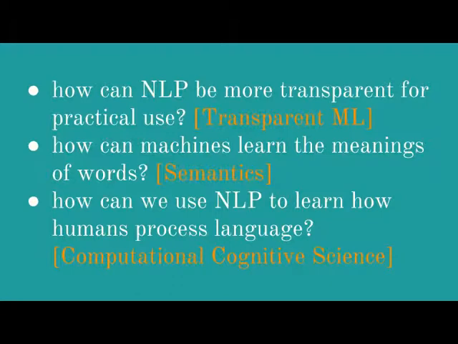Then the very big question: how can machines learn the meanings of words? This will be about semantics. And then a quite small stub to look briefly at how we can use NLP to learn how humans process language, which will be computational cognitive science.